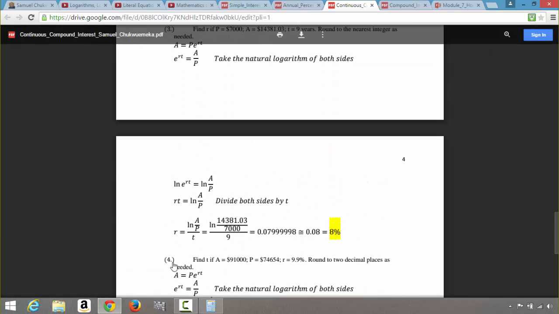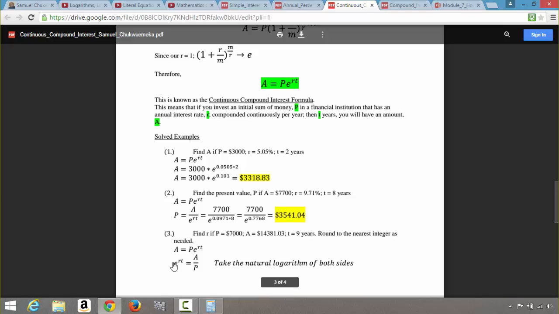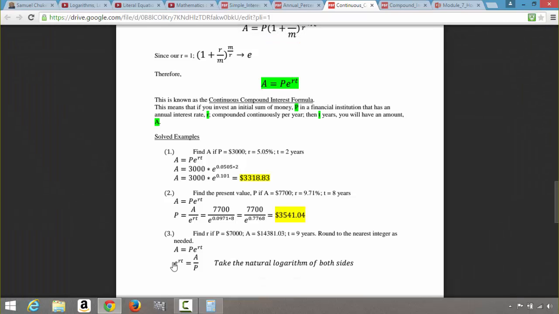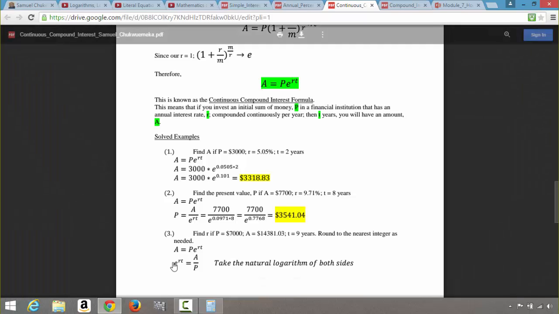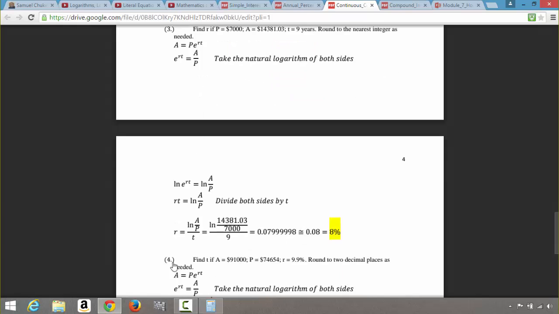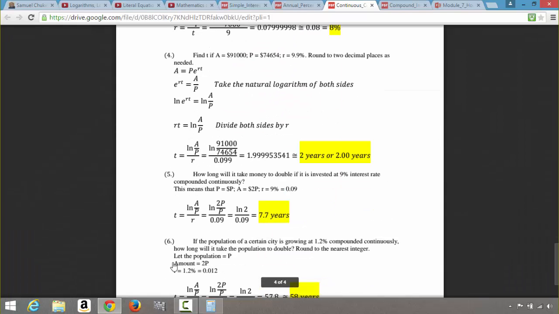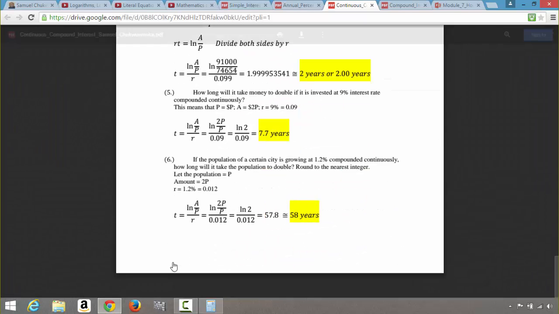In these examples in this video, we solve for A, we solve for P, we solve for R, and we solve for T.